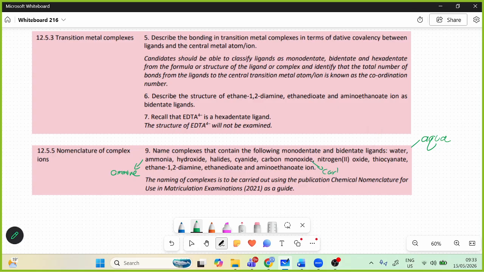I know it sounds weird, but it's literally like a carbonyl, CO. So they see a double bond to O, but it's close enough. Okay? Nitrogen oxide is nitrosyl.